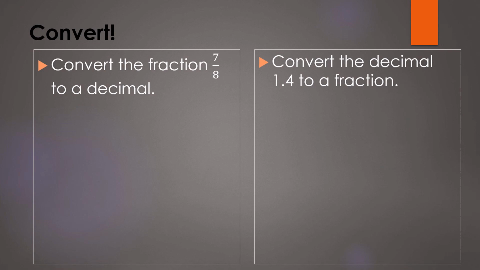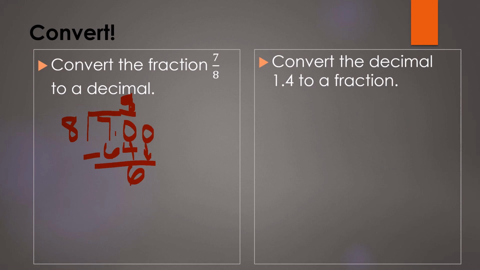Okay, I'm going to go over the problems with you. So you have 7 divided by 8. 8 goes into 70 8 times. 8 times 8 is 64. Subtract and you get 6. Bring down a 0. 8 goes into 60 7 times. 7 times 8 is 56. Subtract and we get 4.